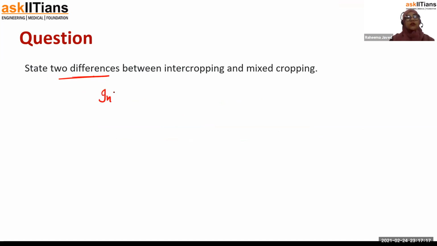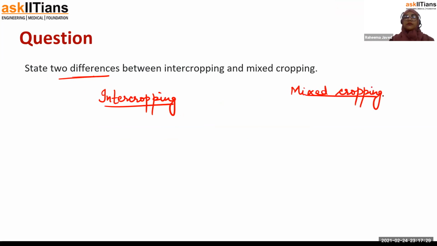So I'm going to make two columns: intercropping and mixed. First and foremost, intercropping is done in a pattern, and mixed cropping is not.